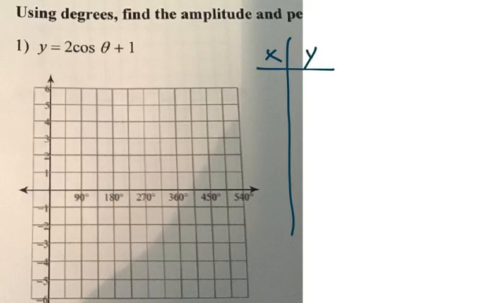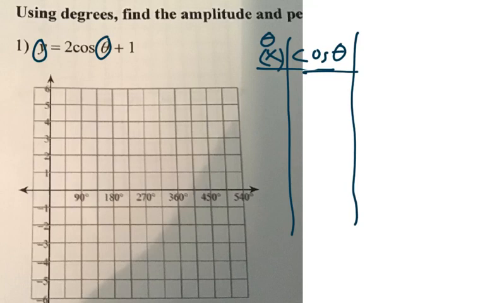Remember, our x really is theta now. Our y is still y. It's a function, y is a function of theta instead of x. So, before we do y, let's just do cosine theta, or review that from the unit circle.